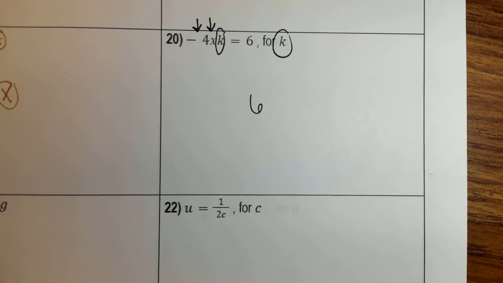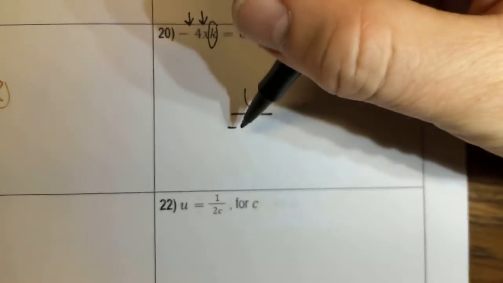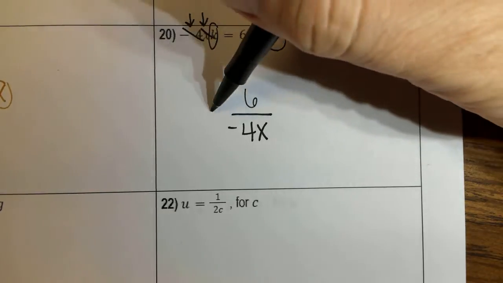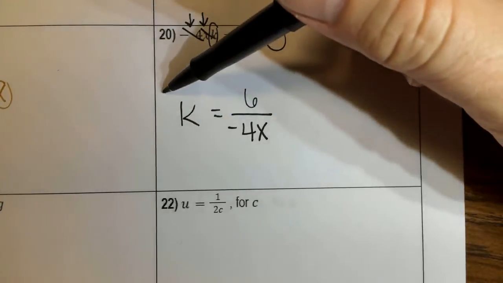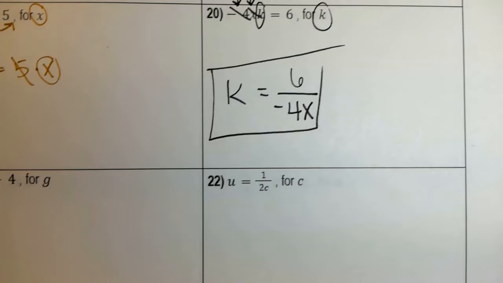So if they're all together, they're all multiplied. So if I'm doing k times -4x, instead of times, I'm going to divide by -4x. That moves both, and then I'm left with just k, and I'm done.